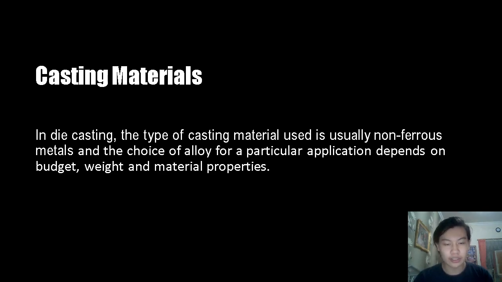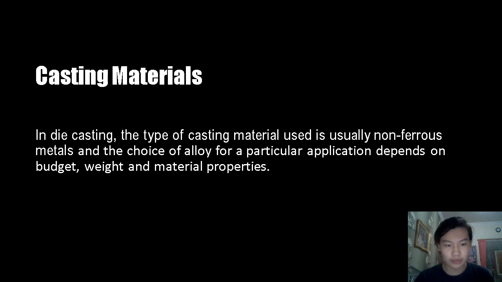After the mold materials, it is about the casting materials. In die casting, the type of casting material used is usually non-ferrous metal, and the choice of alloy for a particular application depends on budget, weight, and material properties. Usually, the most used non-ferrous metal in die casting is aluminum.